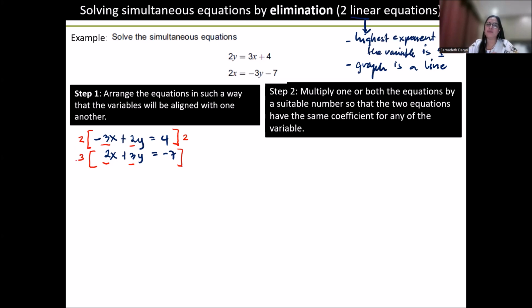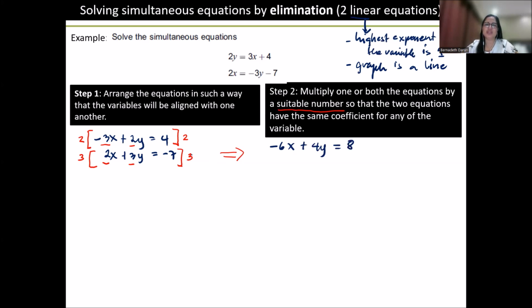And again, if you multiply the left side by 3, you should also multiply the right side by 3. That's what we mean by multiplying one or both equations by a suitable number. So this now becomes 2 times -3x is -6x, and 2 times 2y is plus 4y equals 4 times 2 is 8.